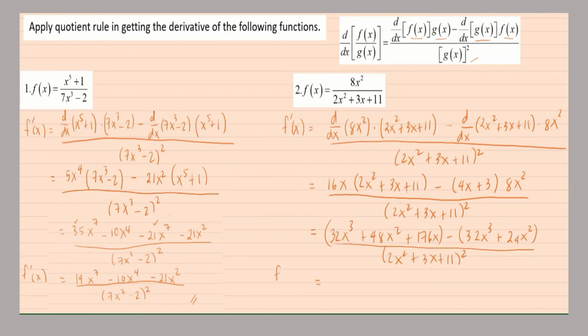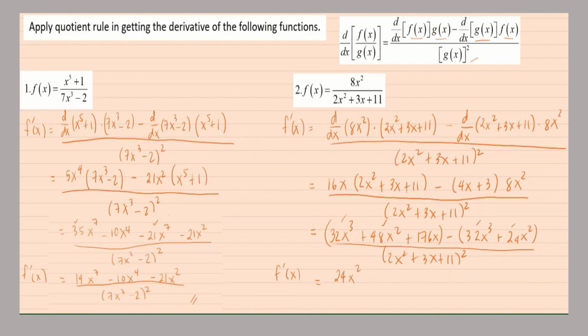So we just combine similar terms. So 32x cubed, when we combine that with 32x cubed, but we need to subtract them, that leaves us with 0. And then we have 48x squared minus 24x squared. This is equal to 24x squared.